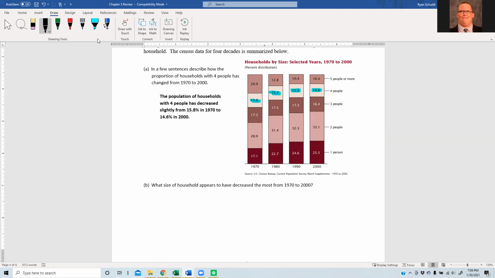So let's just go through 5 people or more, 4 people or more, etc. So 10.4 minus 20.9. This is going to be down 10.5%. 14.6, so the new minus the old, minus 15.8. It's going to be minus 1.2.